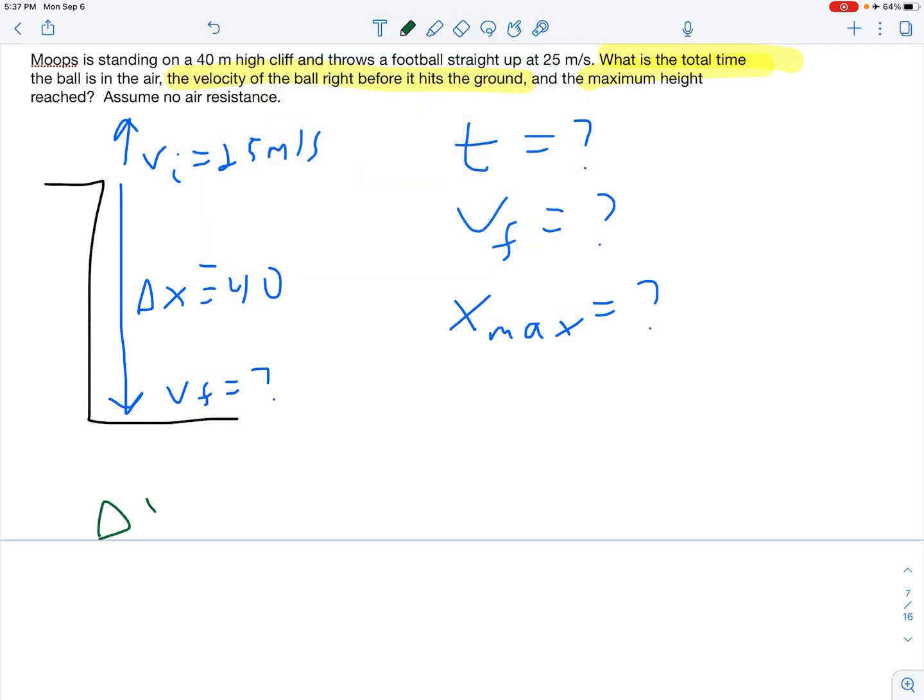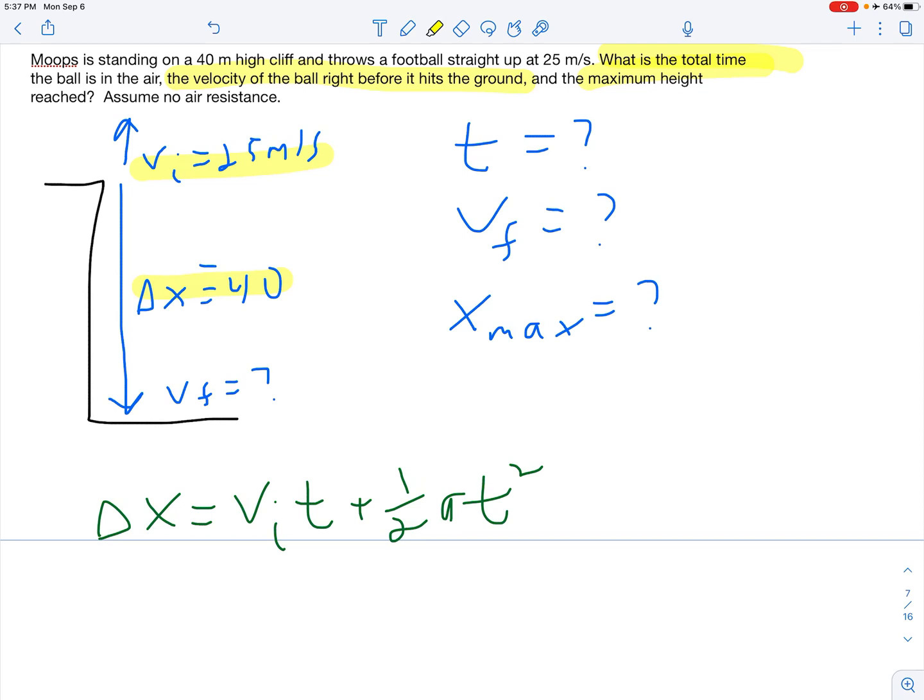We're going to use delta x equals VIT plus 1/2 AT squared. And the reason I'm using this one is because I have the displacement, I have the initial velocity, and I have A. So I have delta x, VI, I don't have T, but I have A. So I have all of those.